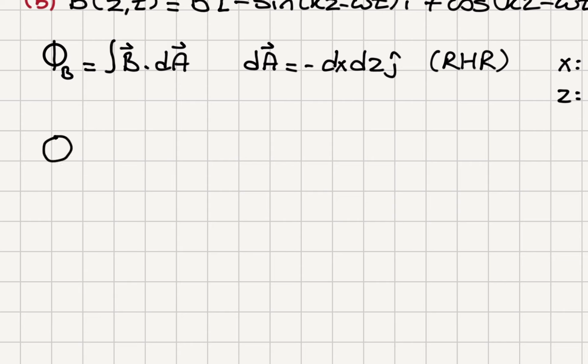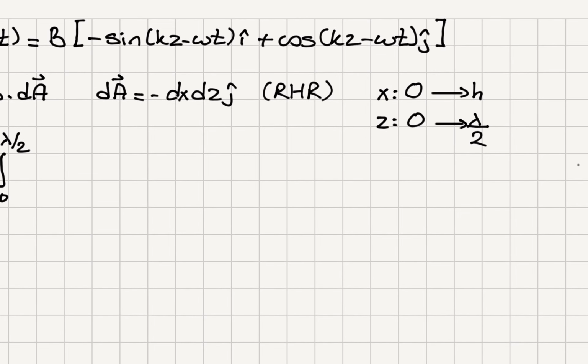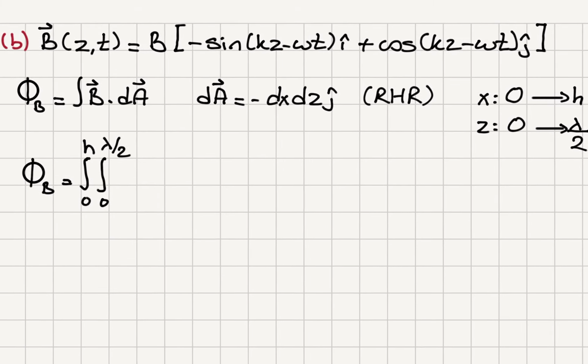The magnetic flux phi B is a double integral. x goes from 0 to h, z goes from 0 to lambda over 2. And since the area vector is in the minus j hat direction, i hat dot j hat is 0, j hat dot j hat is 1. So basically I will only have this cosine of kz minus omega t term, and I have the minus sign here.